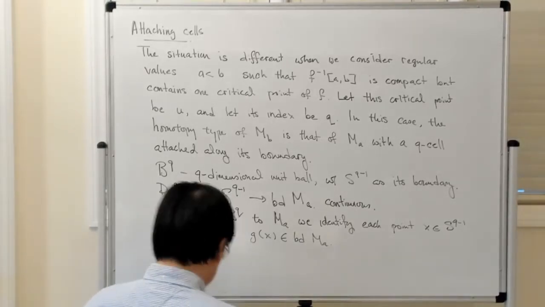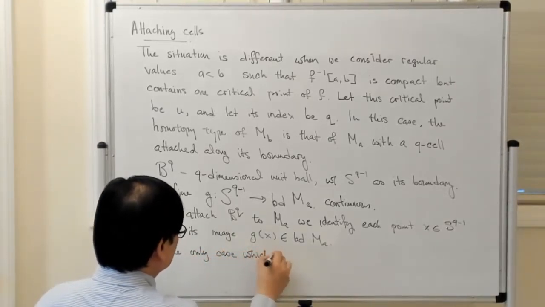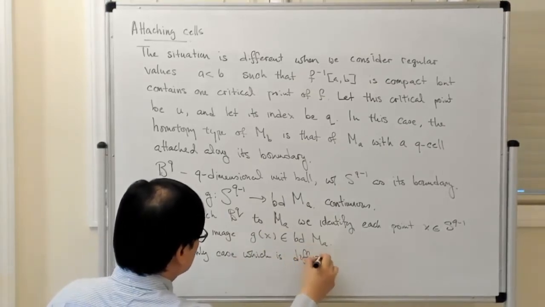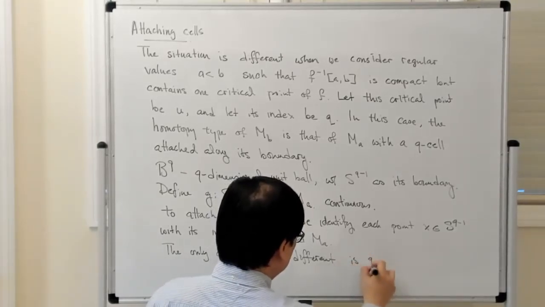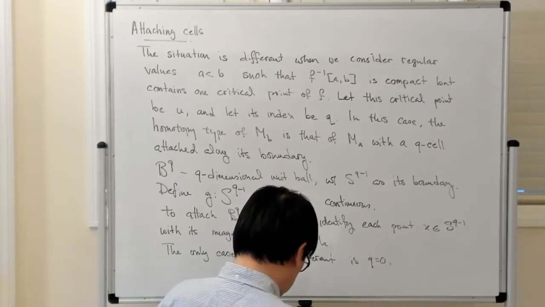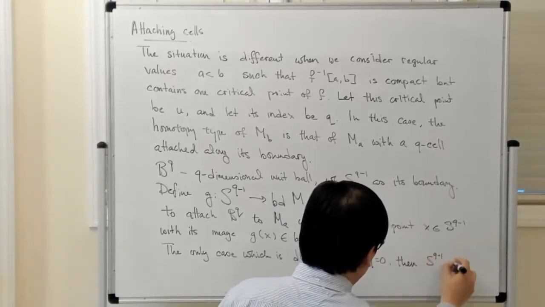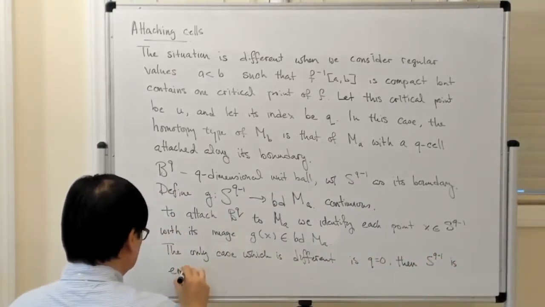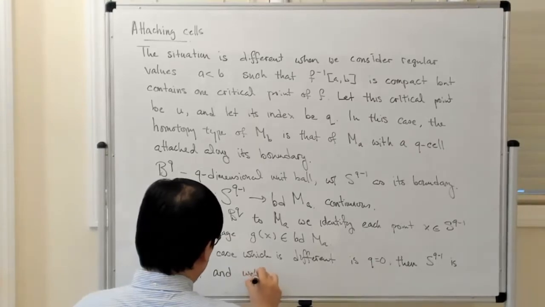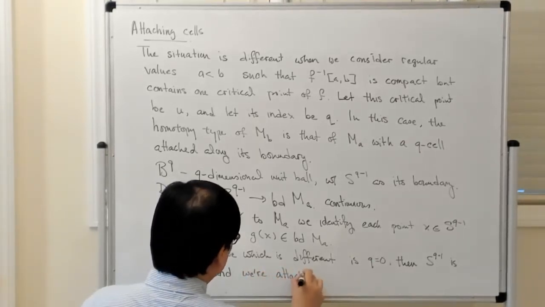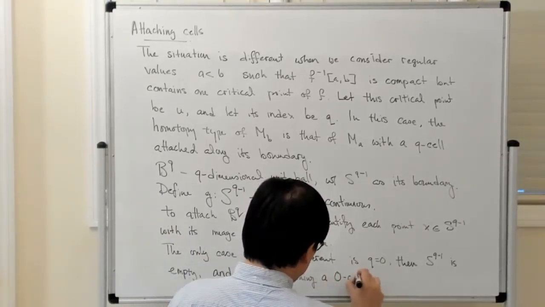Okay, so the only case which is different is Q equals 0, and then because S^(Q-1) is empty, what we're really doing is attaching a 0 cell, which is just a point.